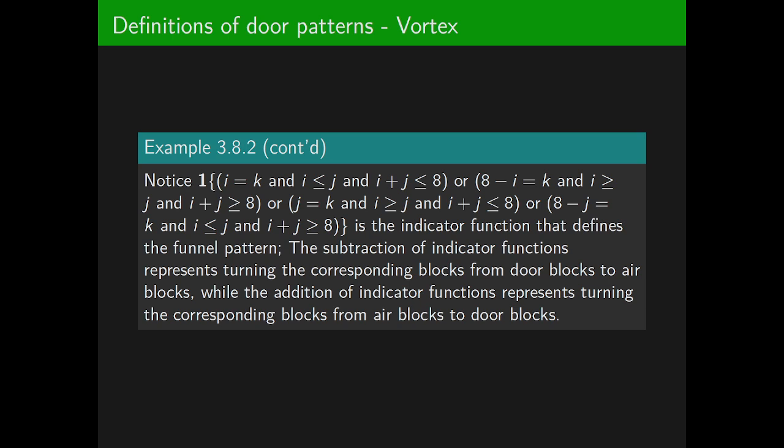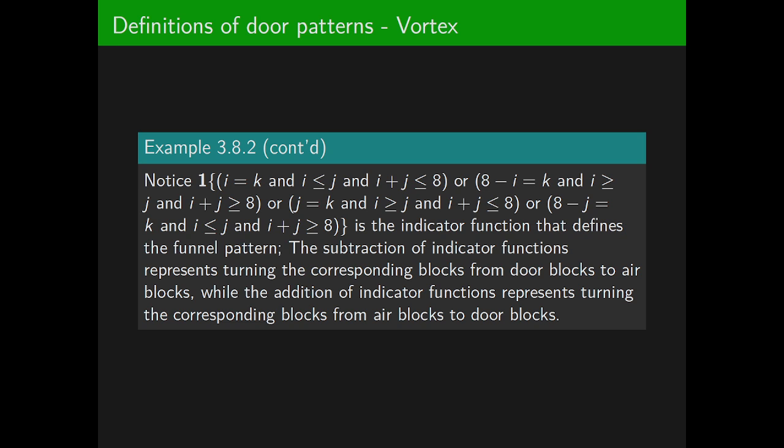So if you know how to make a funnel pattern for the 7x7 funnel door, you know how to derive the first part of the indicator function already, which is probably not less demanding than any of the others, to be honest.